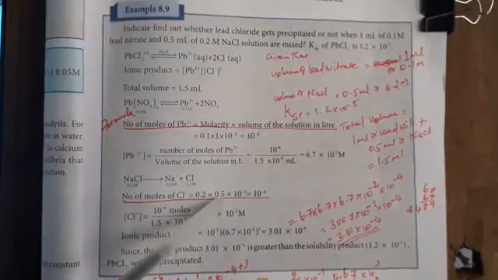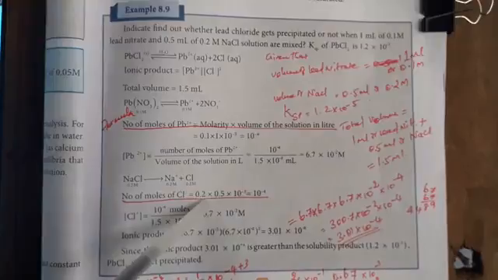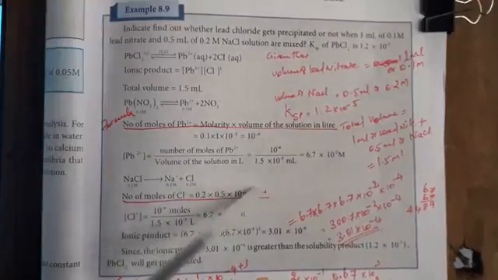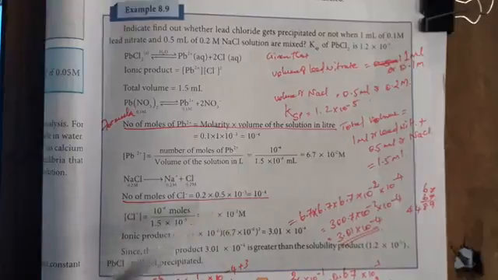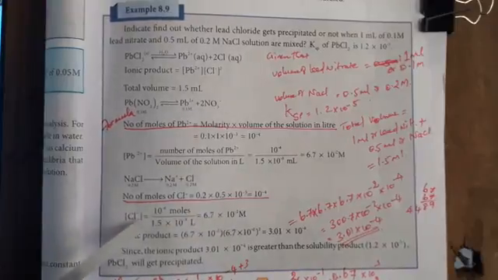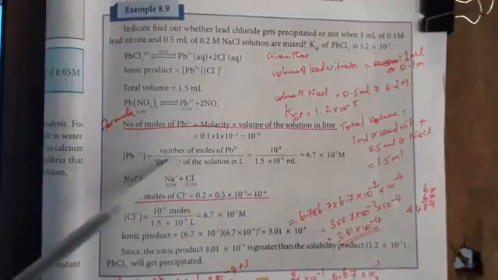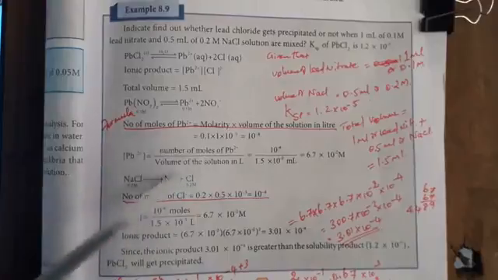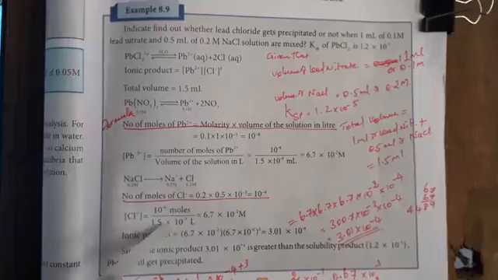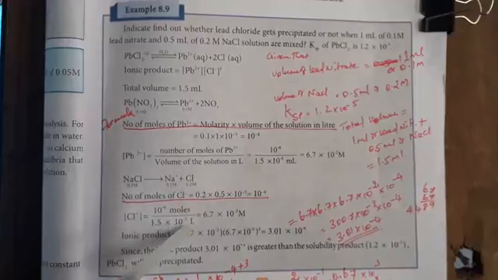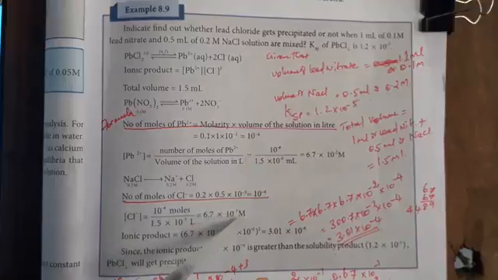This is converted to liter. So 10 to the power of minus 4. Okay. Now Cl minus concentration is equal to same formula, number of moles of Cl minus divided by volume. So 10 to the power of minus 4 divided by 1.5 into 10 to the power of minus 3 liter is equal to 6.7 into 10 to the power of minus 3 mole.